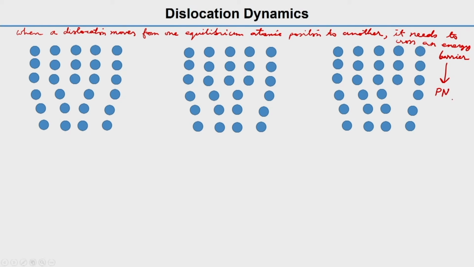That is the Peierls-Nabarro stress the dislocation needs to overcome, and that is called the Peierls-Nabarro barrier.